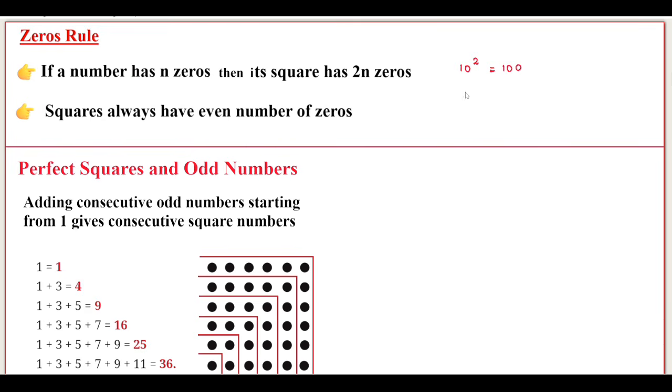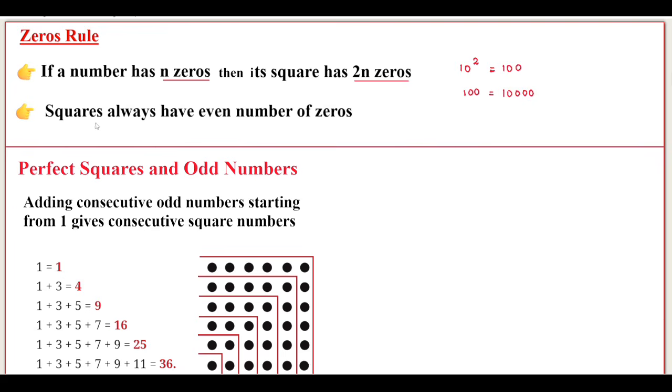Now, if the number has 2 zeros, 2 into 2 will be 4 zeros. It will become double. If the number has n zeros, then its square has 2n zeros. 1 zero becomes 2 zeros, and 2 zeros double to 4 zeros.